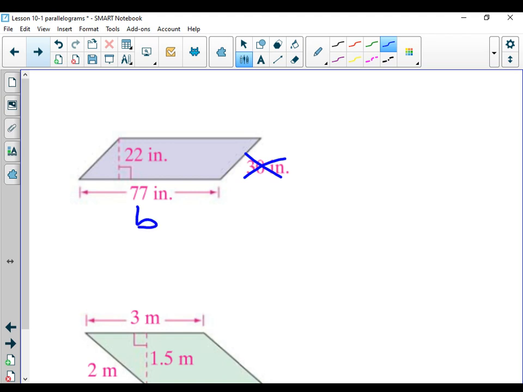So now base hops out. 77 hops in. Height. What should we do with the 30? Nothing. This is a really good one to practice the multiplying on. Two by two multiplication. That's 3rd grade stuff. Do you have a side problem going?